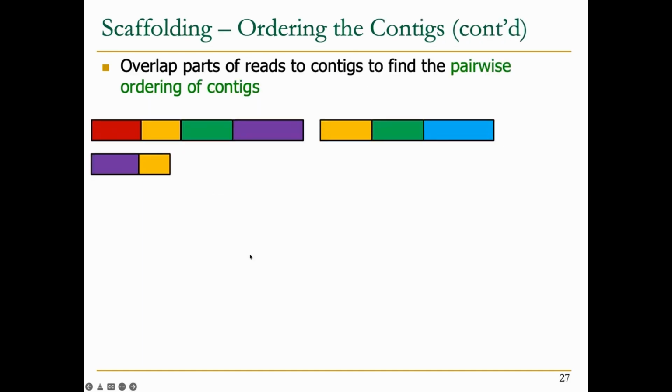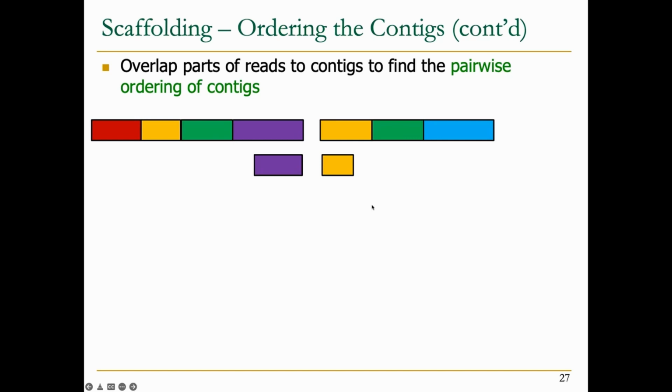What we do is overlap parts of reads to contigs to find the pairwise ordering of contigs. In this case, we have these two contigs, and we don't know the order between them yet. But we also have this read that we pick, and we perform an overlap of this read to this contig, and also to this contig. Once we do the overlap, maybe we get information like this: some part of it overlaps here, and some part overlaps here.